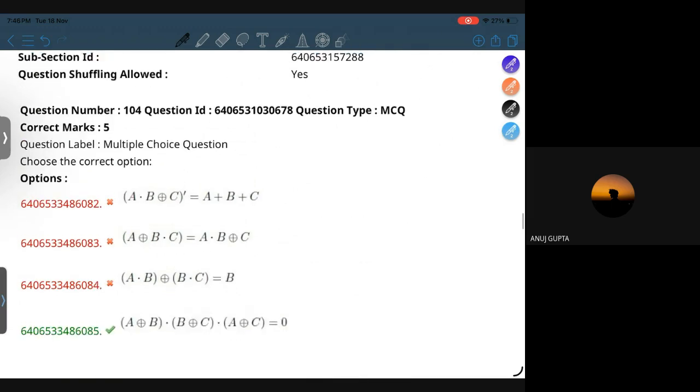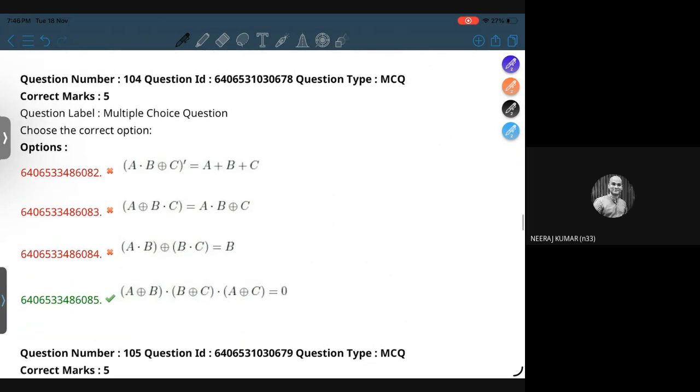Choose the correct options for what? Oh, this we have to solve. But I think this is straightforward. Why is this the case? Like, let's solve.